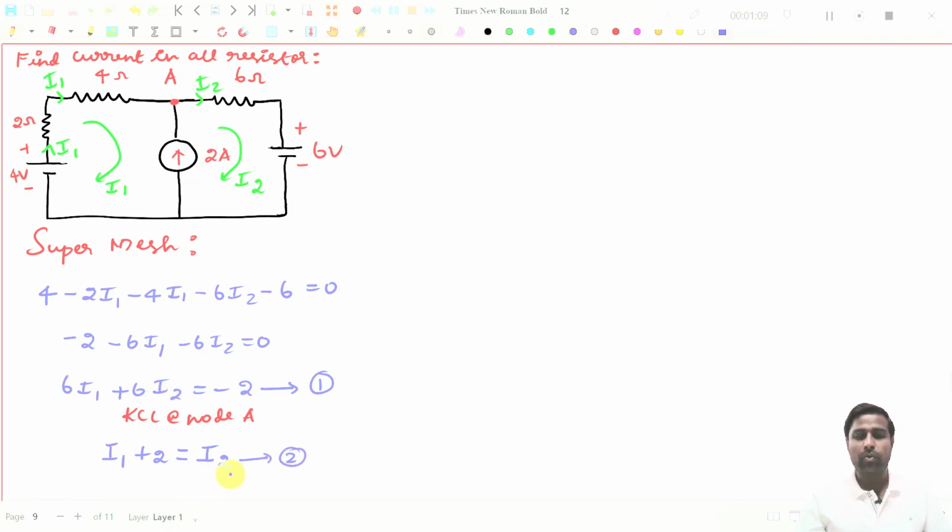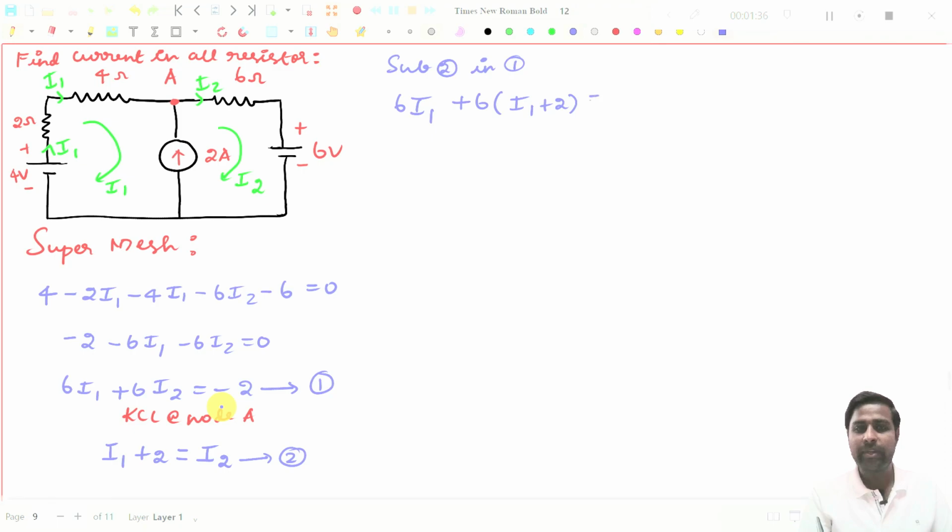Now what you can do, I2 can be substituted as I1 plus 2. You just put I2 as I1 plus 2 in this expression. That means substitute expression number 2 in 1. So you keep I1 as it is, plus 6 into I2, I2 can be written as I1 plus 2, that will be equal to minus 2. So you simplify this one, 6 I1 plus 6 I1 plus 12, which is equal to minus 2.